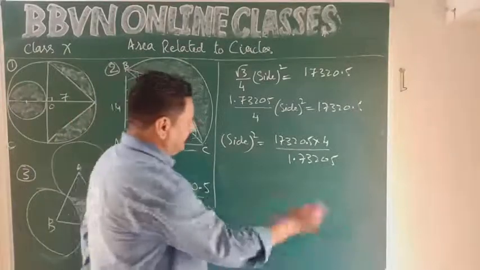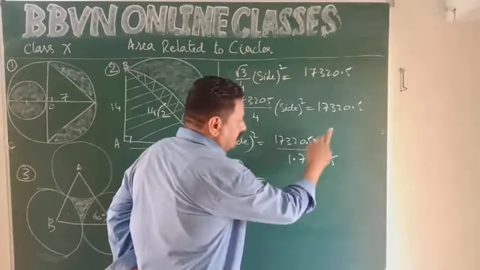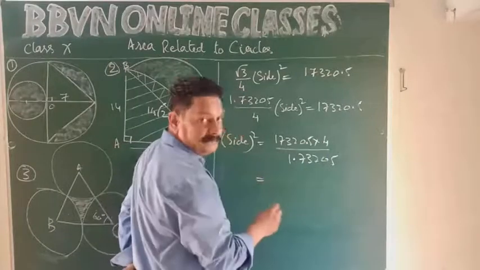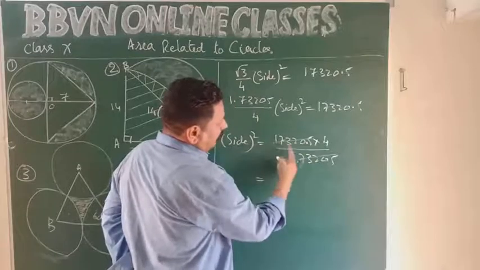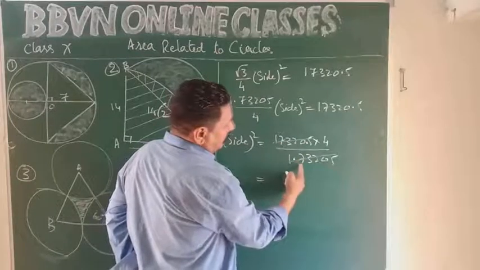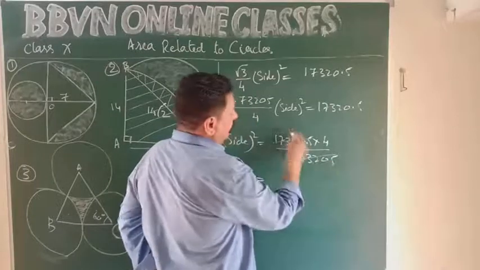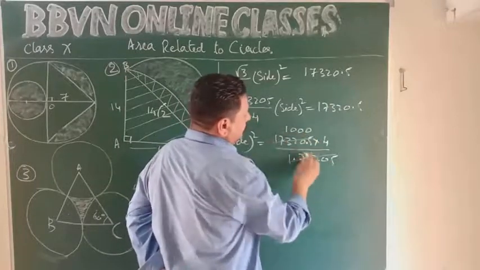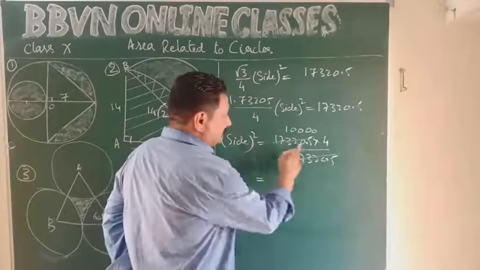Got it? 5 zeros. So the decimal goes away from the denominator. So how many places do we have to shift in the numerator? 1, 2, 3, 4. So we get 4 zeros. Okay? Now side square is this.